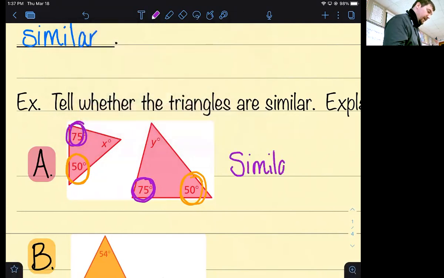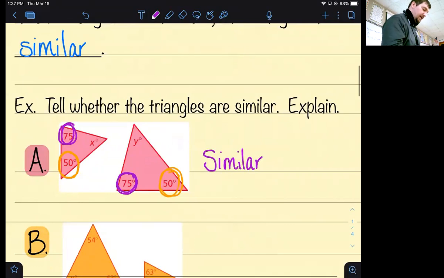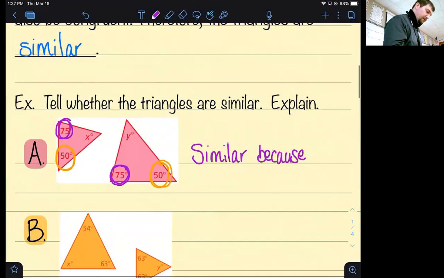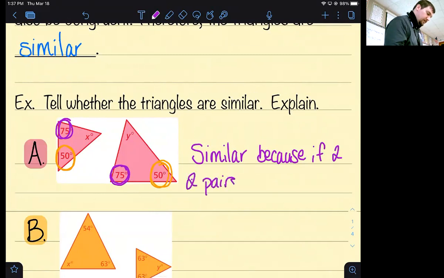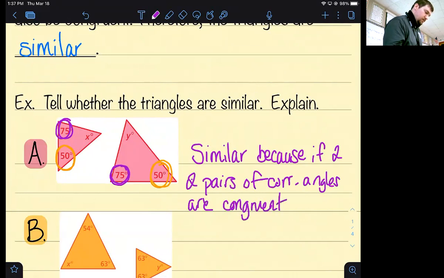I verbally explained it, but let me write it out again so you can understand. Similar because if two pairs of corresponding angles are congruent, then they're similar.